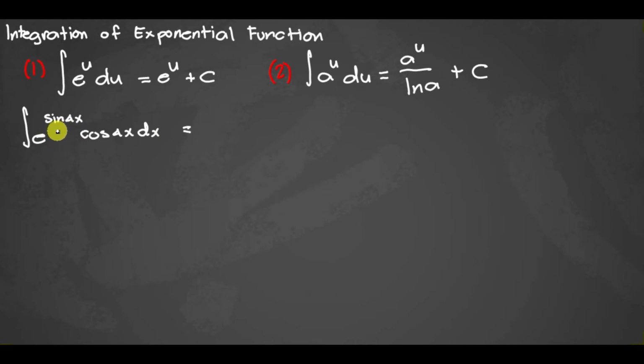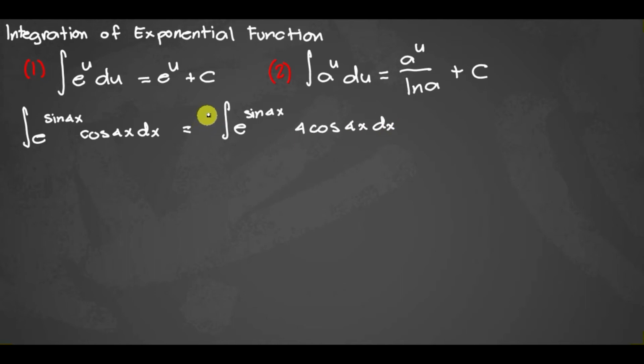The technique here is to take the derivative of sine 4x. Then this will become e raised to sine 4x, and the derivative of sine 4x is equivalent to 4 cosine 4x dx.